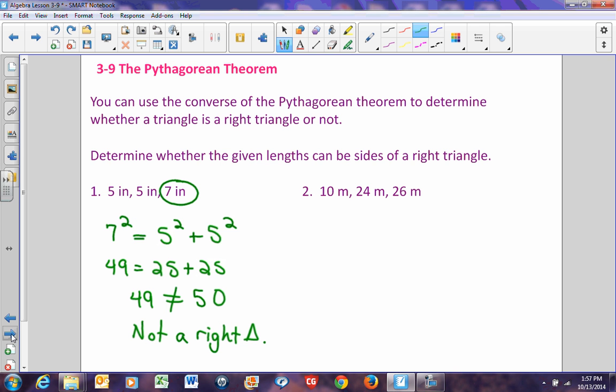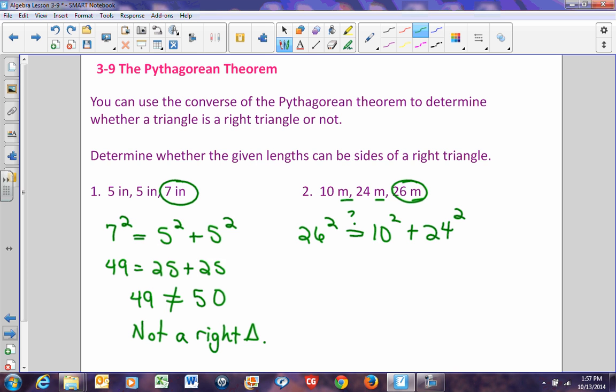And let's look at our second problem. 10, 24, and 26. They're all in the same units. That's always something good to look at. Make sure they're all in meters or the one's not in centimeters. If I was to look at this, the longest side is 26, so 26 squared. Does that equal 10 squared plus 24 squared?